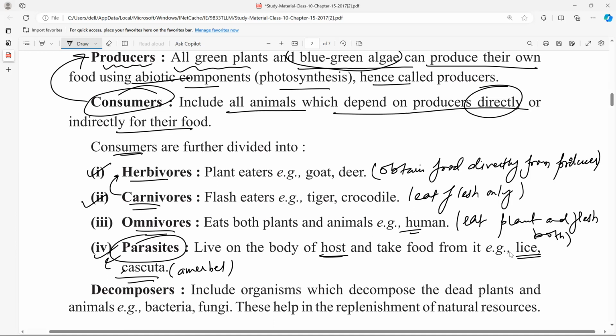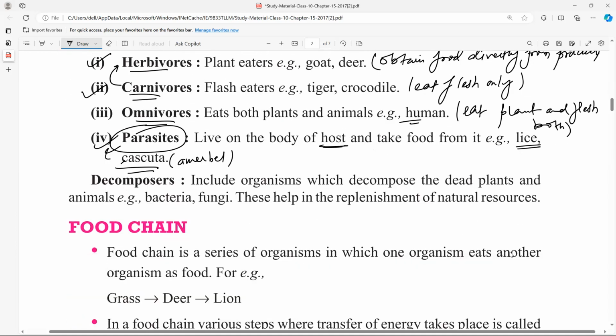Next are the decomposers. When living organisms die, decomposers include those organisms which decompose the dead plants and animals. Generally bacteria and fungi come under this category.